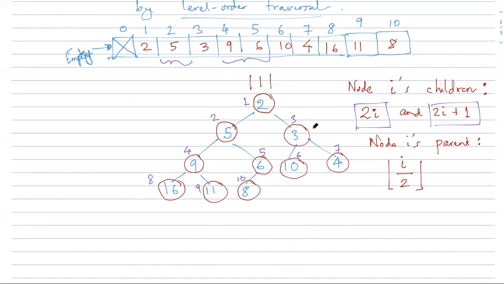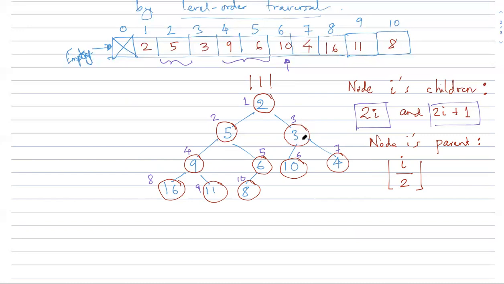Likewise, if I pick this entry and I'm interested in going to the parent node, we look at the index, which is index number 6. And how do we traverse to the parent? You just do i divided by 2. So 6 divided by 2 gives us this third entry.